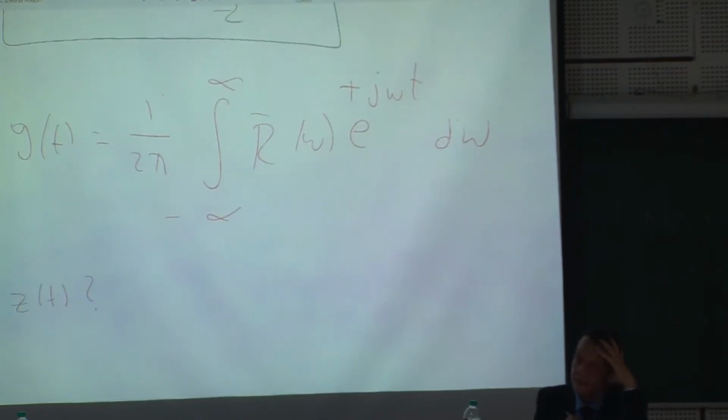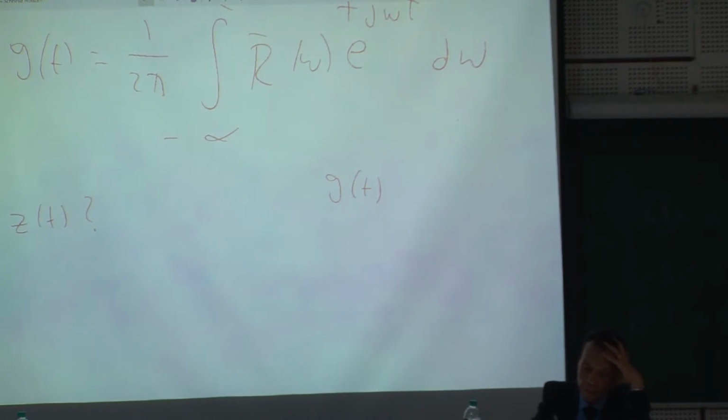So z of t is the looked for quantity, and from the profile inversion, I get g of t. Now write down: g of t is 1/2 dz by dt divided by z of t. I think it is given this way, right? So this means you have dz over z is twice g dt, right?